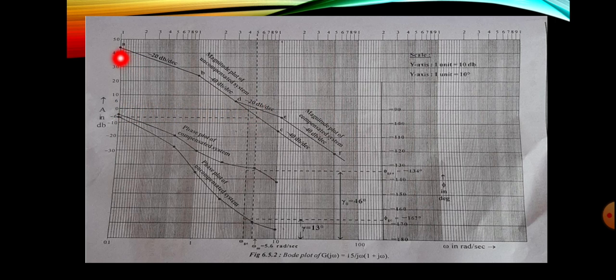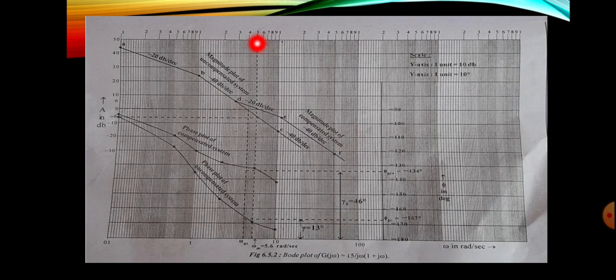So now you look at the compensated magnitude plot, and that plot meets the 0 dB axis at this point. That point corresponds to the frequency, that is omega m. You can mark it as omega m, and you have to note it from the graph sheet.